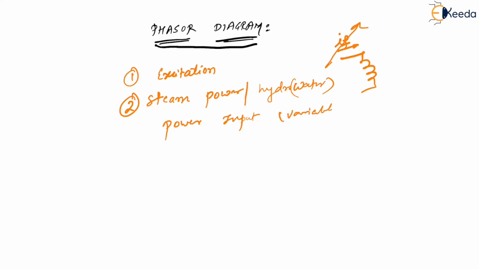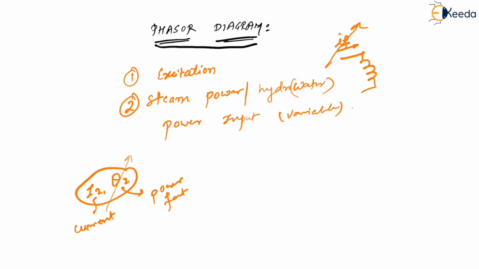Then, in transformers in Machines 1, we have seen that the secondary current I2 and the secondary power factor theta 2 were variable. So the same variables will be there even here. Then next thing is what?